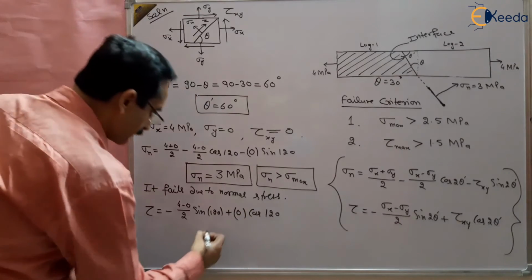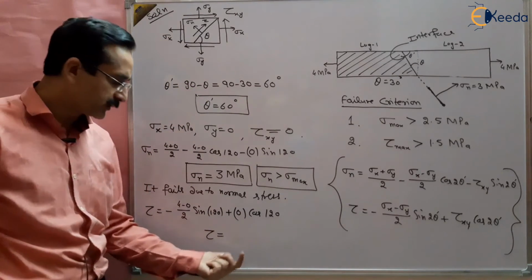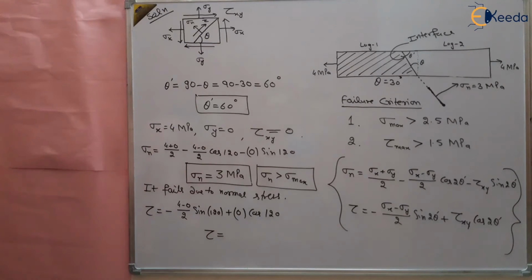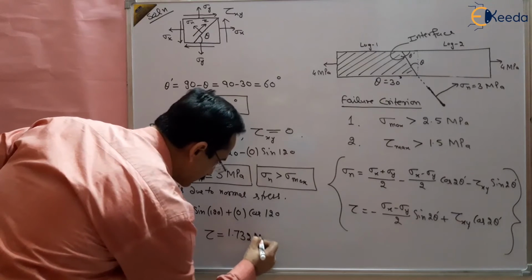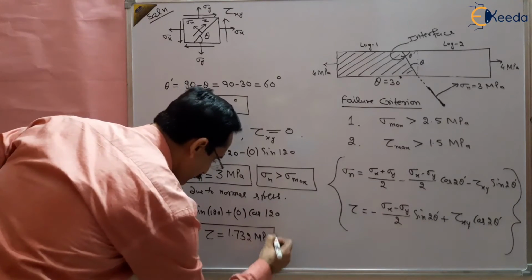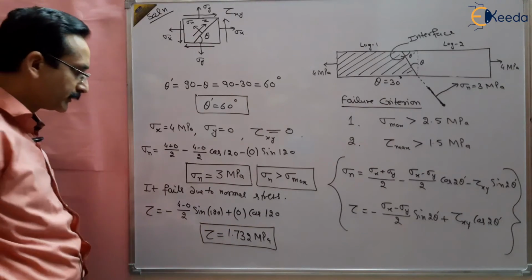Solve it and you will get the shear stress. It is negative, so we can take the magnitude of that shear stress. The magnitude of shear stress will come out to be 1.732 megapascal. I am writing directly the value, you can solve it using a calculator.